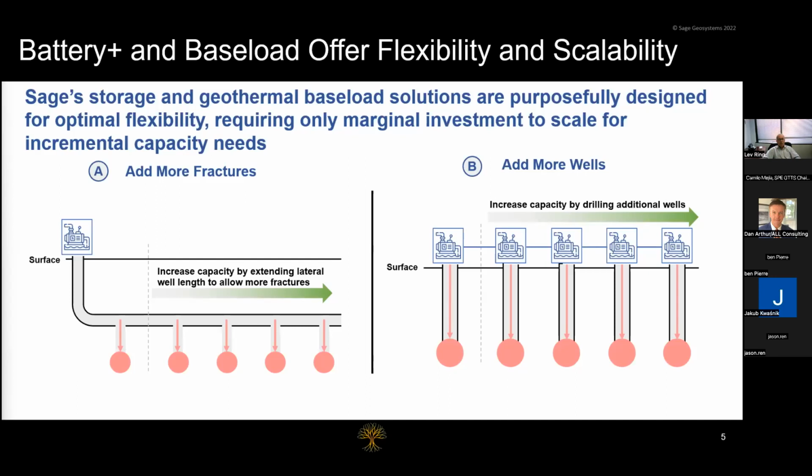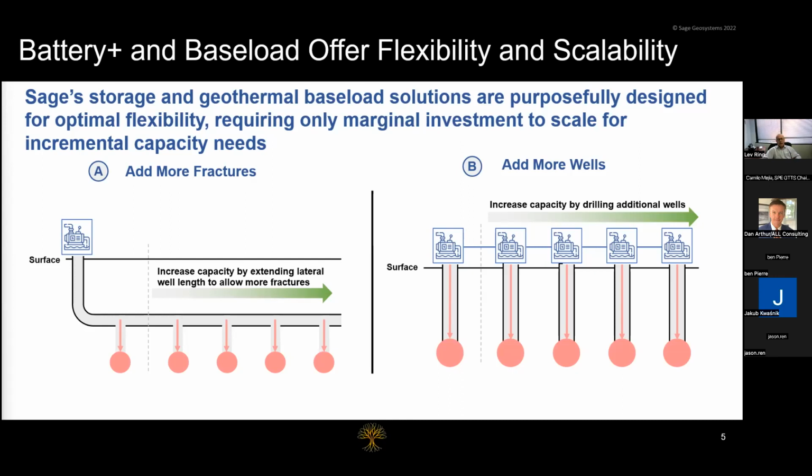So how can it be scaled up? Well, you can drill several wells. Our vision today is that it's very practical to assume 3 megawatts per well. So if you want, let's say, to generate 50 megawatts, then you would pad drill 20 wells, and that's going to give you a 50 megawatt facility.